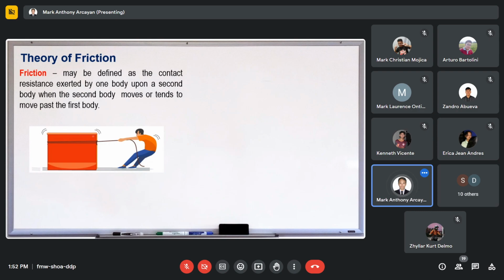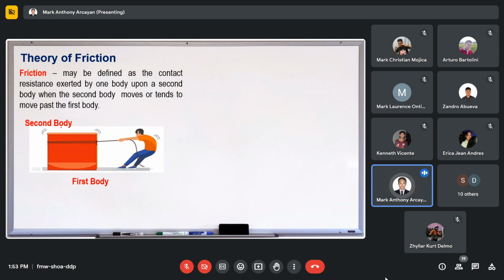Just like this figure also. So naay box, no? Then kani nga box ni move ni siya on this surface. So ang gipasabot sa definition diri sa friction, ang atong first body mao na siya ato ang ground level. Then kani atong second body mao na siya ato ang orange nga box.